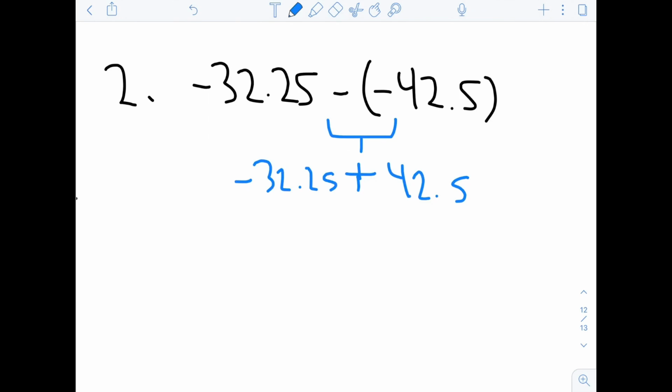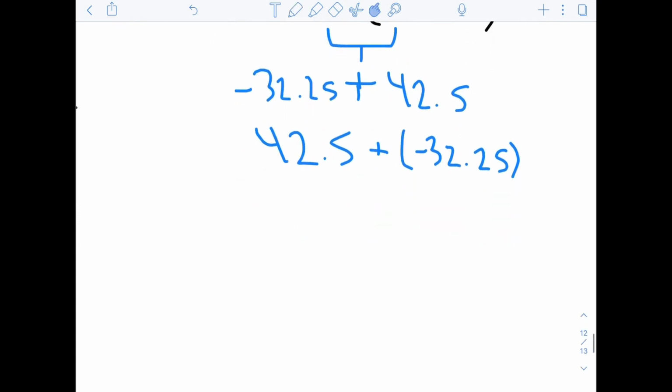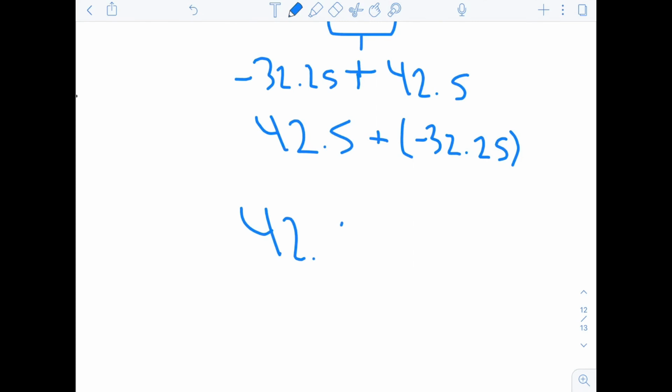So that's the same thing as 42.5 plus negative 32.25 if you switch it. So you're just subtracting. So 42.5 minus 32.25. So 42.5 is the same thing as 42.50.